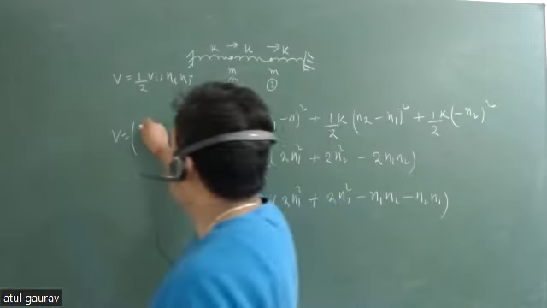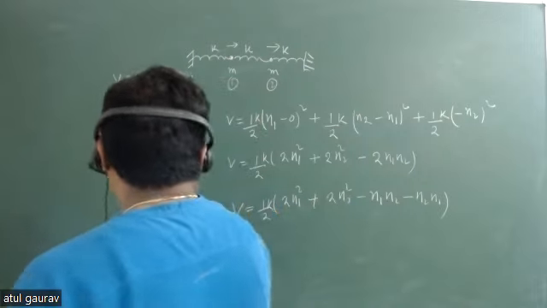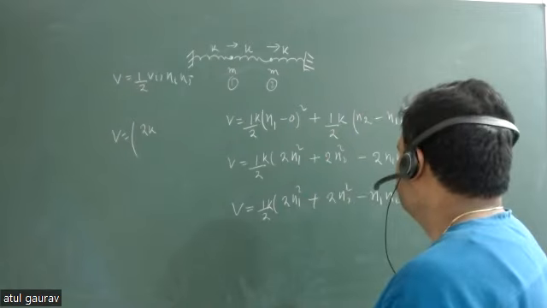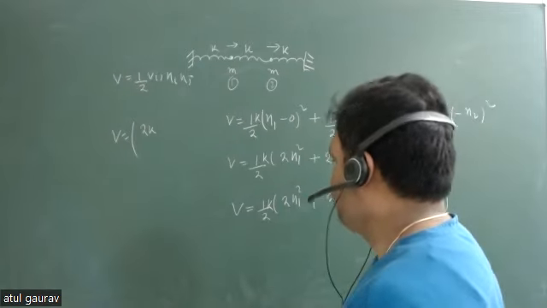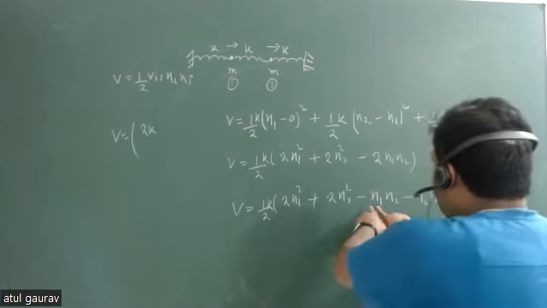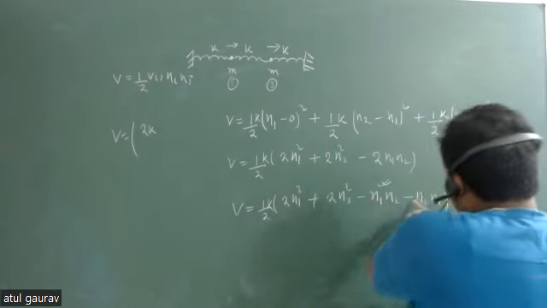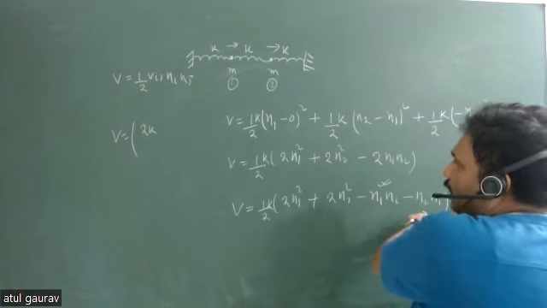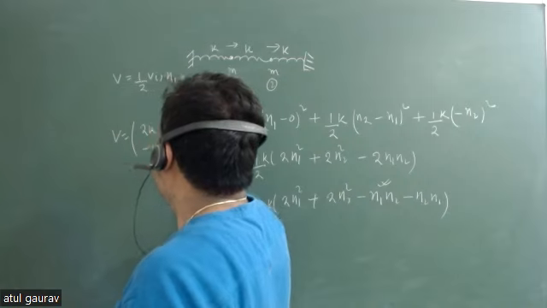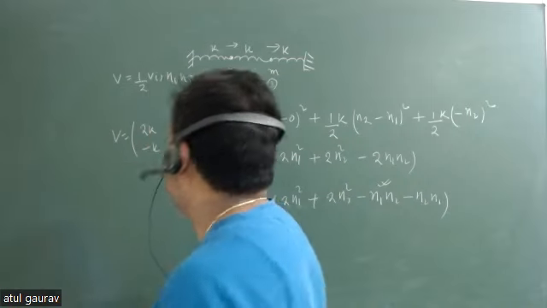So what is this value? That value is 2k. Now eta 1 eta 2 is this one, and this is eta 2 eta 1. In matrix form, these are different elements. So this will be minus k. Obviously it is symmetric, and then it is also 2k.